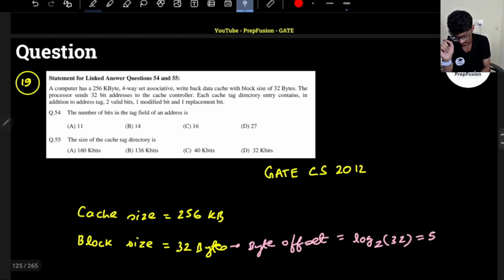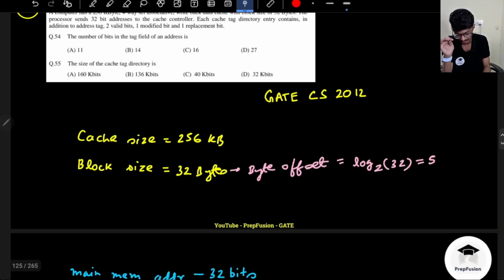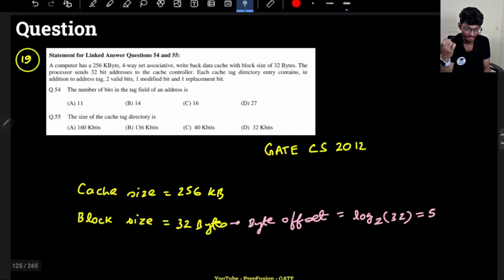They are asking how many bits will be in the tag field of an address. Of course these 4 bits will be there, and I have to identify the tag size as well, the unique identifier.